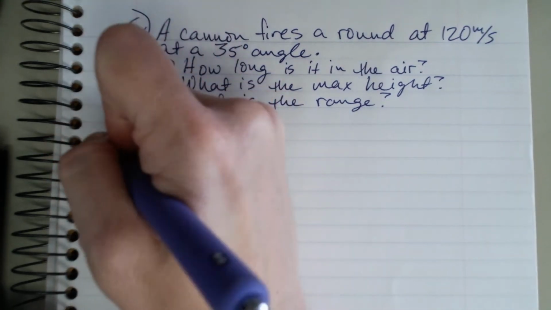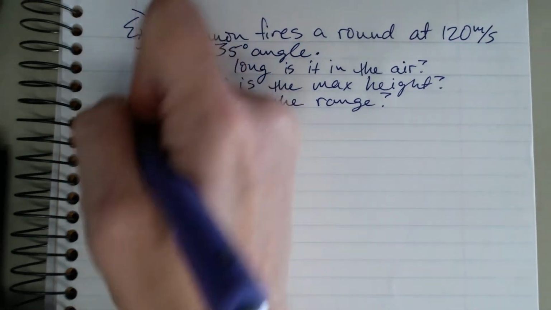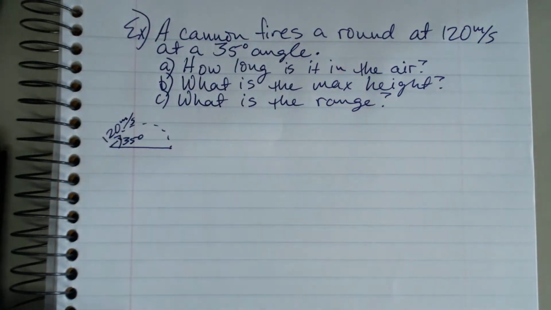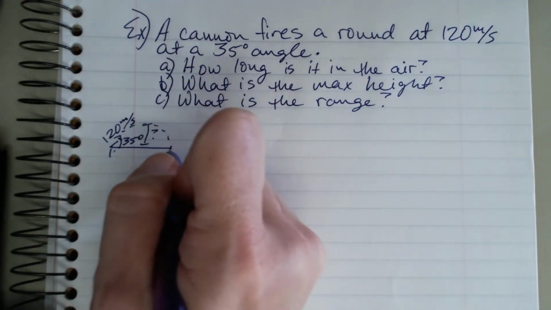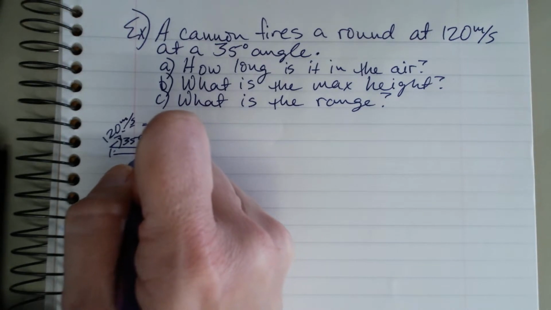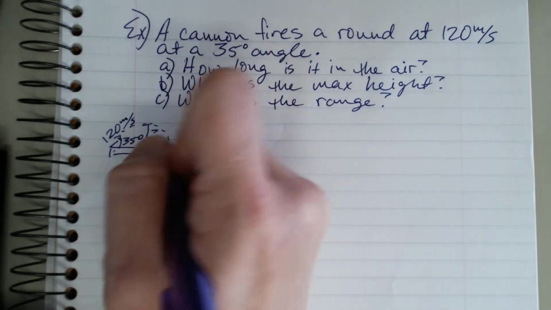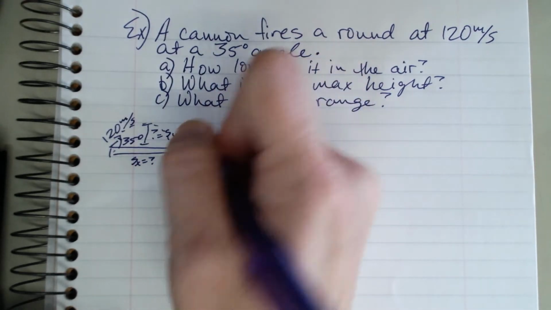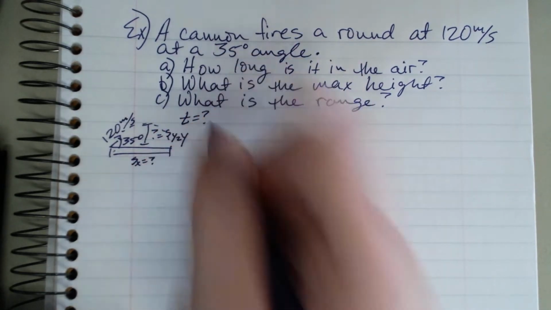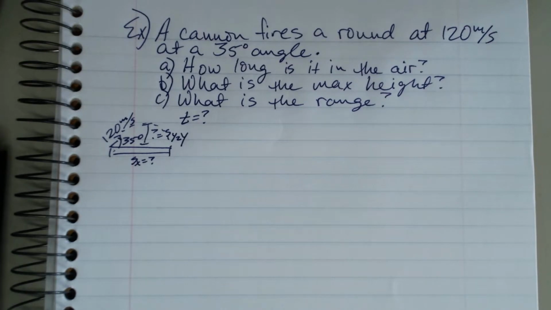My VI is 120 meters per second. I'm looking for height, range, and time. So I'm looking for 3 things, and yes, I drew it microscopic.